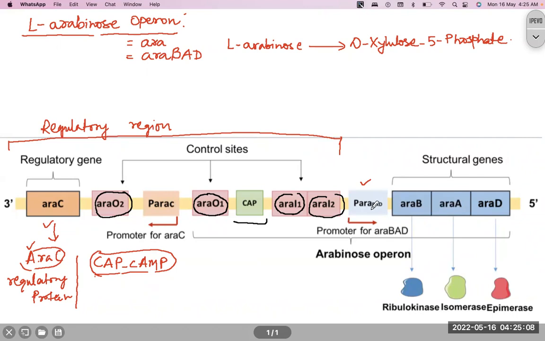Here it will read a different strand, which is in 3' to 5' direction.